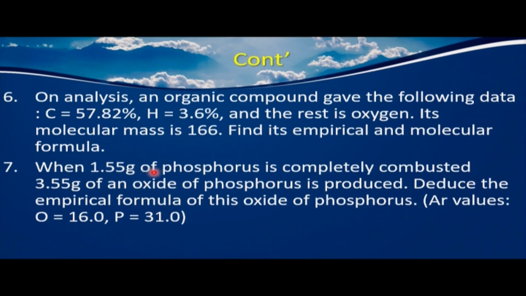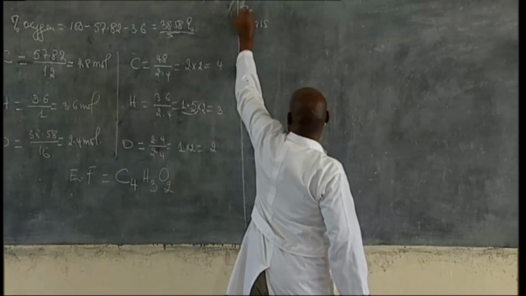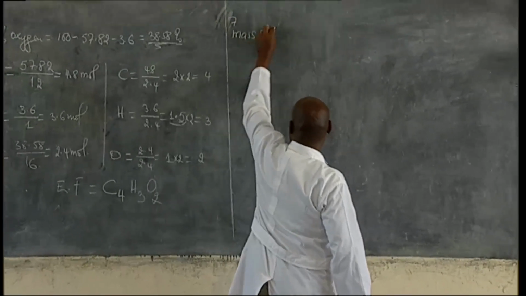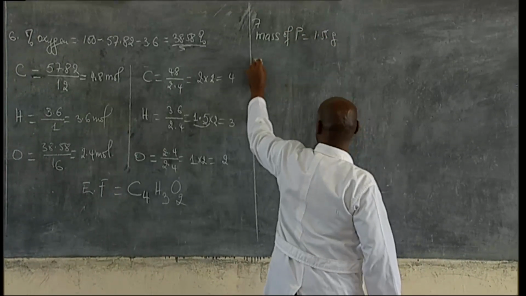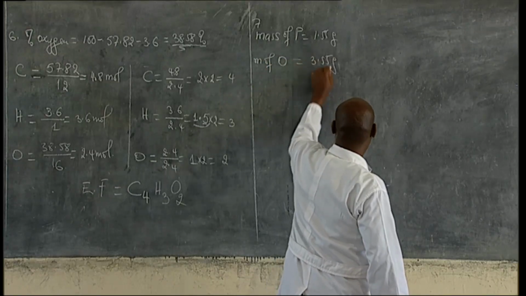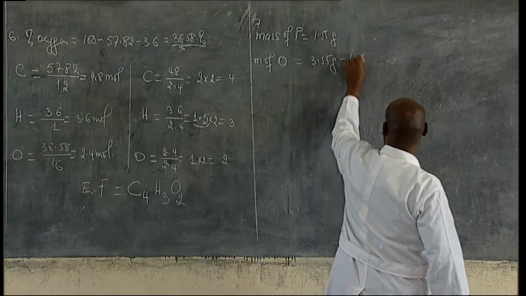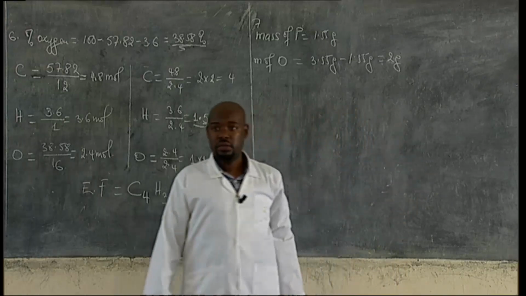You can see here we have the mass of phosphorus. After reaction, what increases the mass of phosphorus is the mass of oxygen. So we can use this. We have mass of phosphorus, it's 1.55 grams, and mass of oxygen is 3.55 grams minus 1.55 grams, and we get 2 grams, okay?